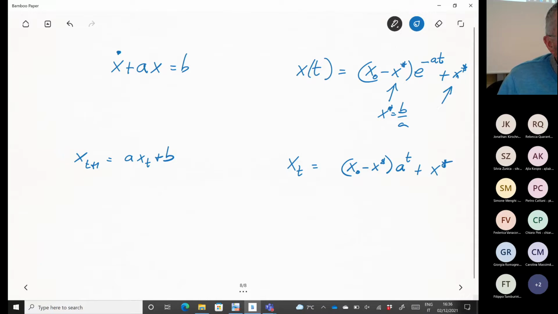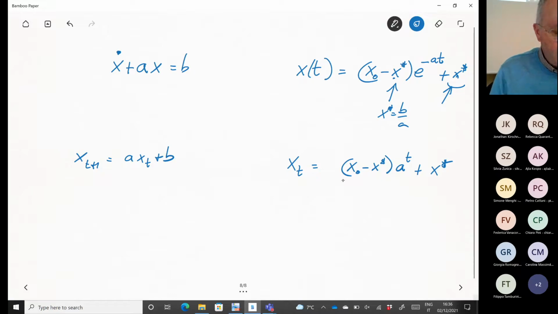You see the analogy, there is some long run component. In the differential case, if a is positive, minus a is negative, in the long run, this part will disappear. This part is the initial deviation from the steady state multiplied by a factor that disappears in the long run if a is positive, but it grows in the long run if a is negative, okay?